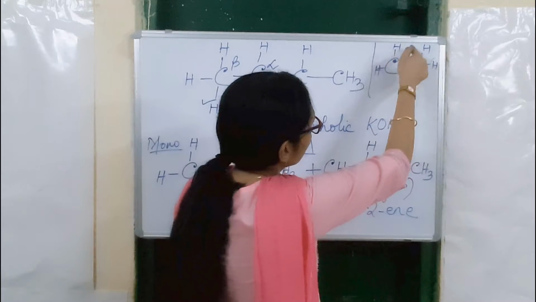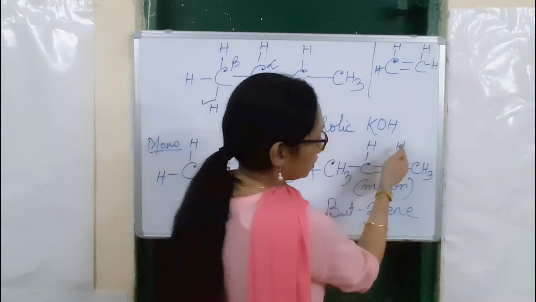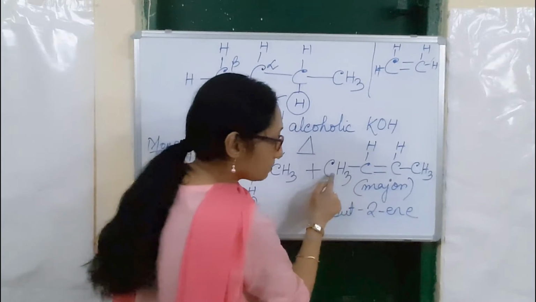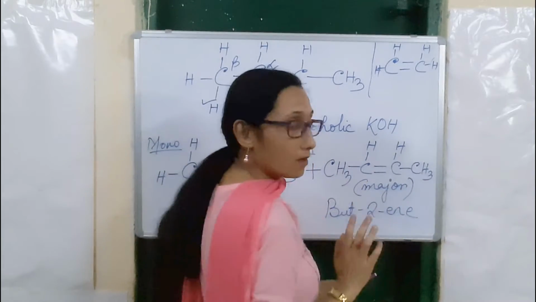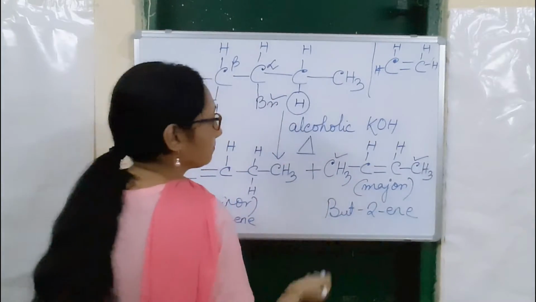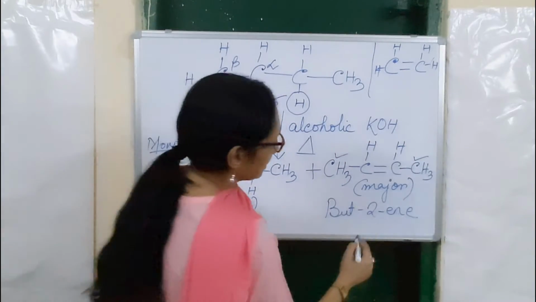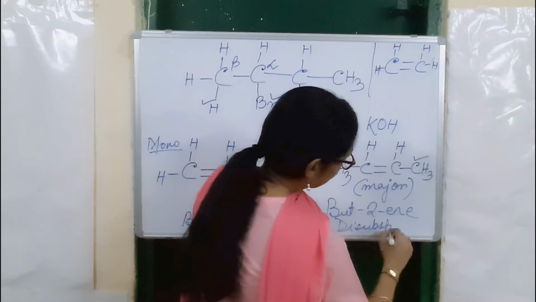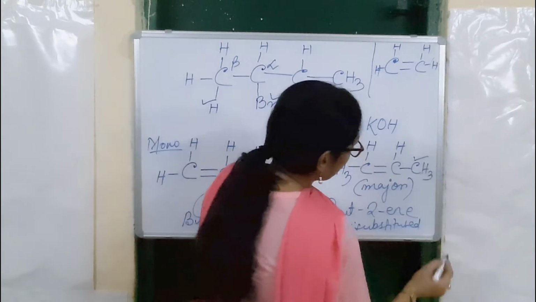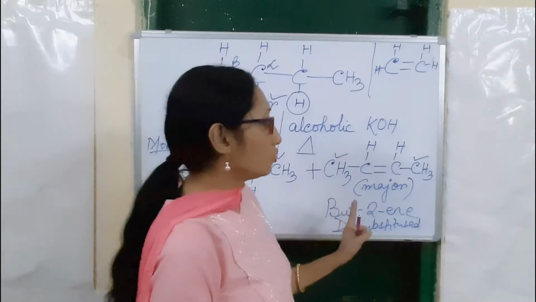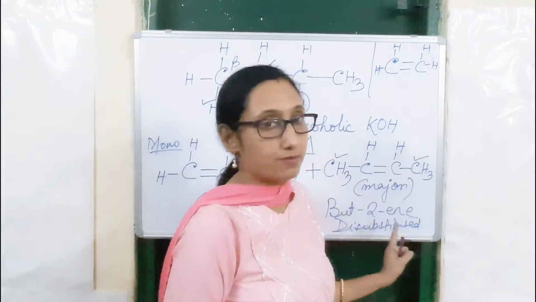What about but-2-ene? Compare it with the mother compound ethylene. So 1, 2 hydrogen, these 2 hydrogen are intact and these 2 hydrogen are substituted by methyl groups. So how many substitutions do we have here? We have 2 substitutions. So but-2-ene is a di-substituted alkene. So but-1-ene is mono-substituted and but-2-ene is di-substituted.